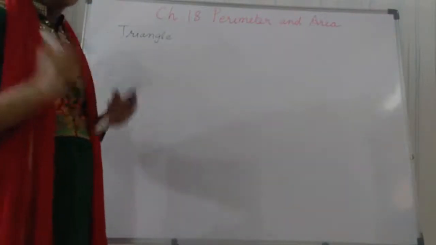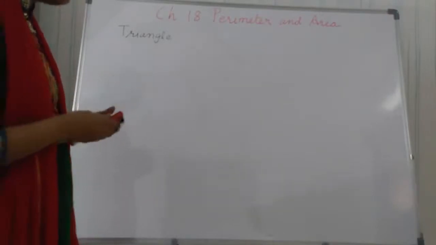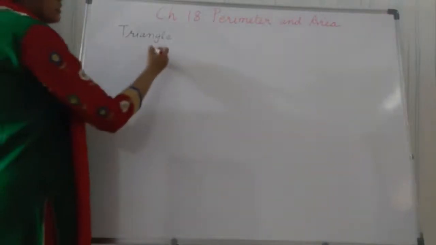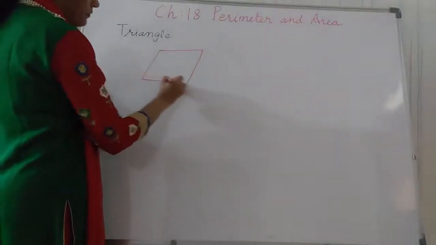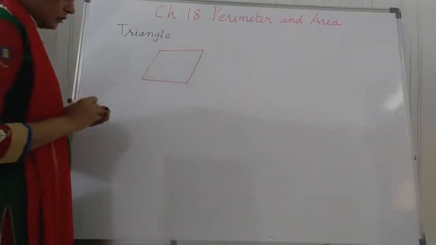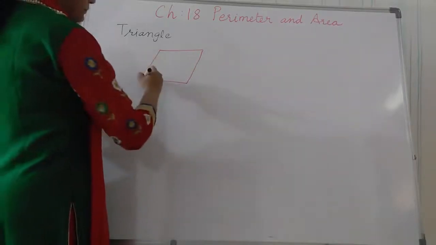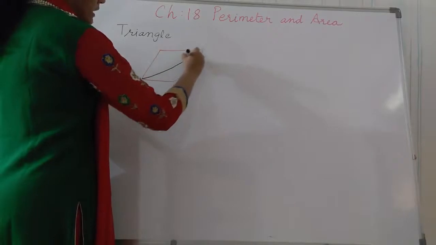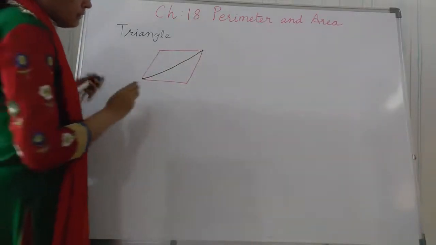Okay, so students, have you seen your parallelogram properly, or any quadrilateral? See, I am drawing a parallelogram first. This is the shape of a parallelogram. Now, if we cut this parallelogram diagonally like this, then what do you find here?